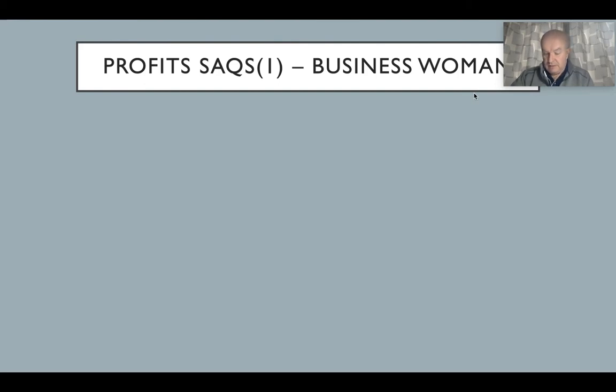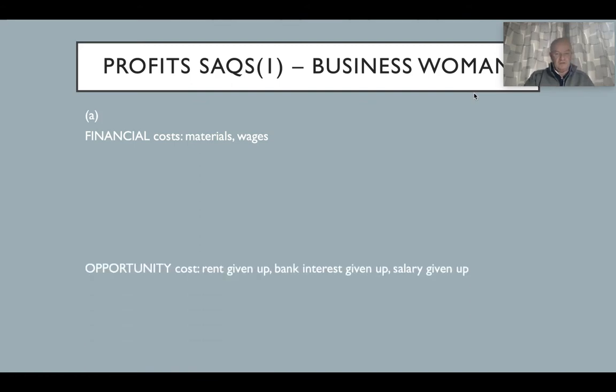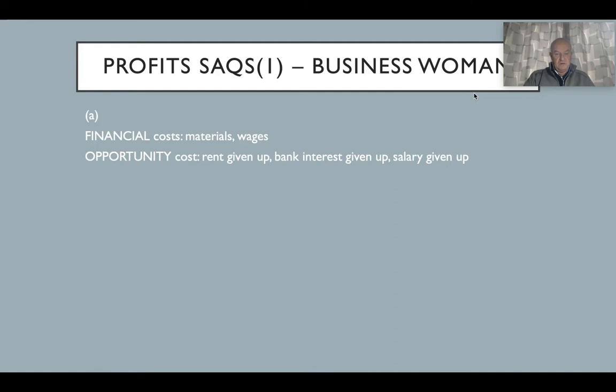So welcome back. Let's just take a look then at this first question. Question A is asking, on the basis of the figures, what were the costs she actually paid out and what were her economic costs? So the financial costs were materials and wages. The opportunity cost was the rent given up and the bank interest given up and the salary given up.